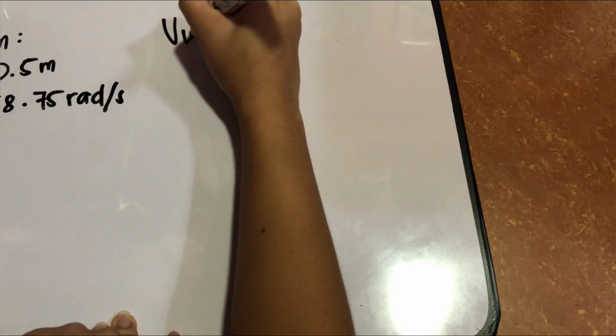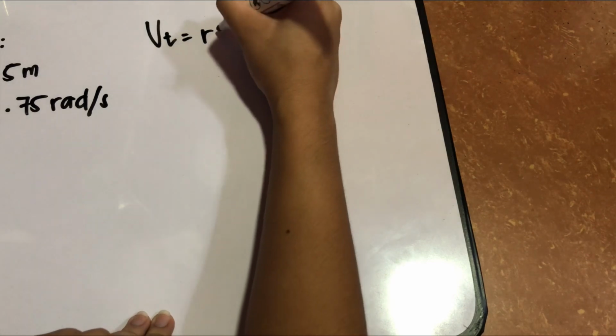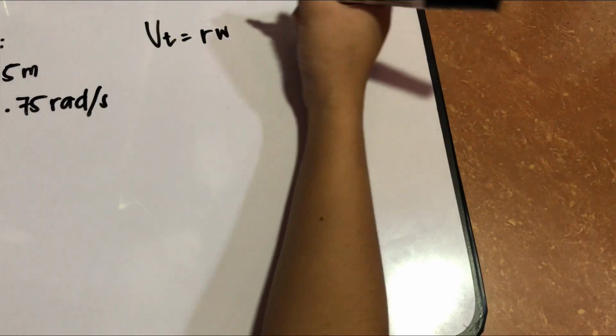So, let's solve it. Vt is equals to radius times rotational speed.